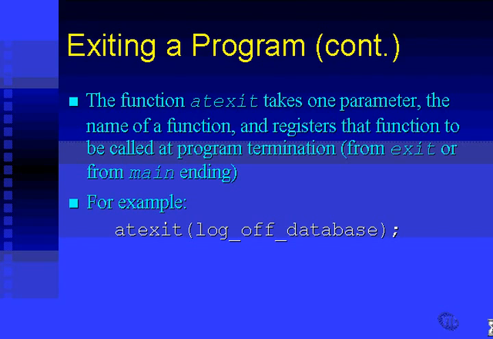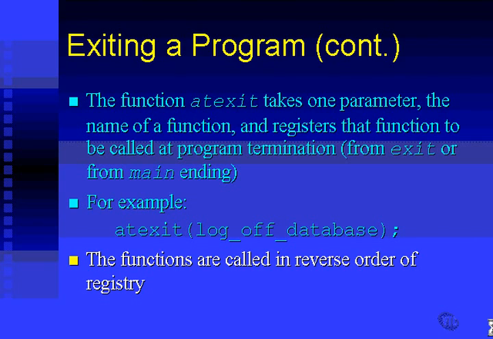You can call atexit multiple times. You can pass it 10 different functions. I think the specification is you can pass it at least 32 functions if you want to. And those functions that you pass it will be called in the reverse order to that in which you registered them.